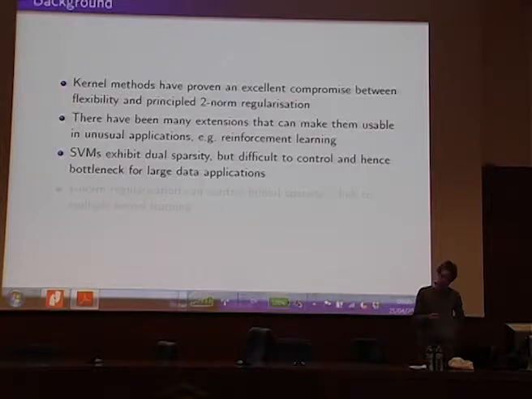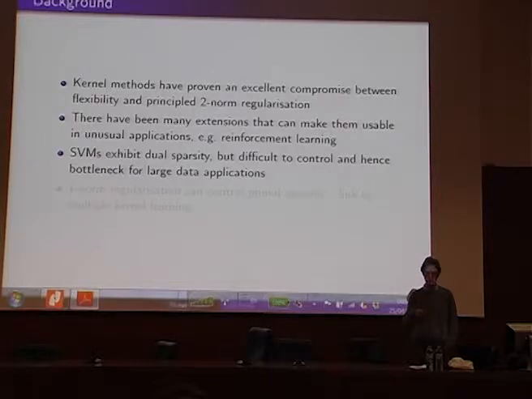So that's fine. The problem is that it proves to be a bottleneck with very, very large data sets. Typically it might be a very small proportion of the training data that is actually used in defining the solution. But still, when you're up into the millions and millions of data points, that proves to be impractical, both for the training algorithm and, of course, for evaluation at test time, when you need to effectively compare your test point against all of those chosen training points, the so-called support vectors.